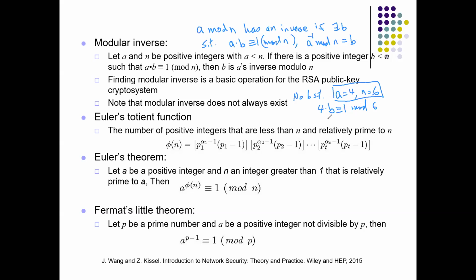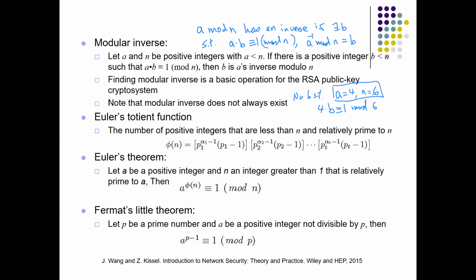And then B is equal to 4, that's 16. 16 mod 6 is 4, and that's not 1. Okay, so there is no such B to make it true.